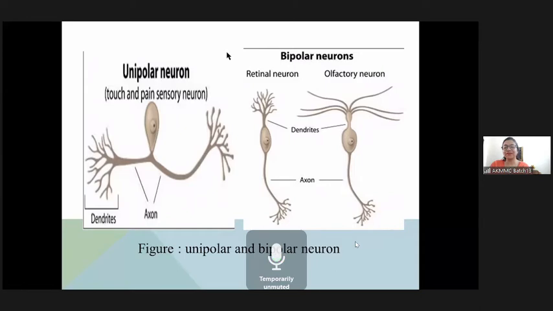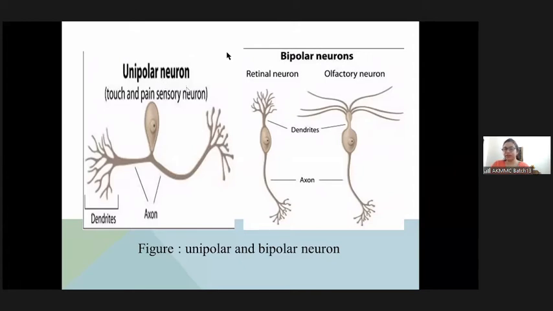Yes, ma'am. As both axon and dendrites are coming out in this neuron from only one pole, this neuron will be a unipolar neuron.